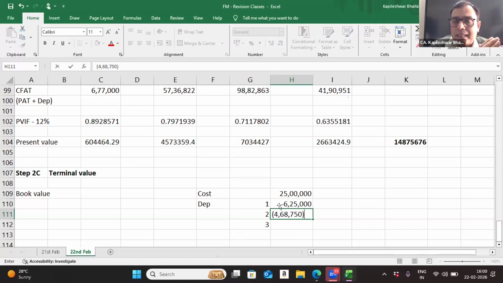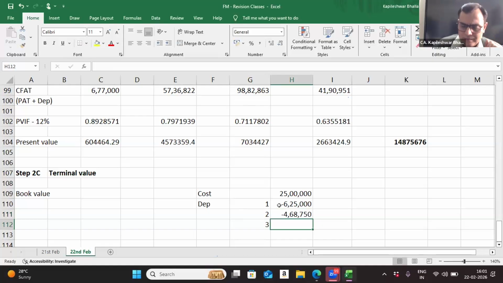So they do the calculations of the CFAT ignoring depreciation altogether, and then they add the tax saving due to depreciation separately. I prefer to go the traditional way, get the PAT, add the depreciation, and get the results. The results are the same. Irrespective, you follow them, but I find this a little easier to do. You keep track, that's easier.